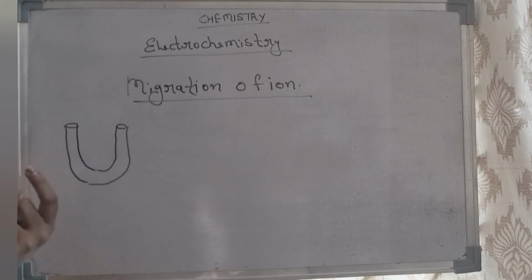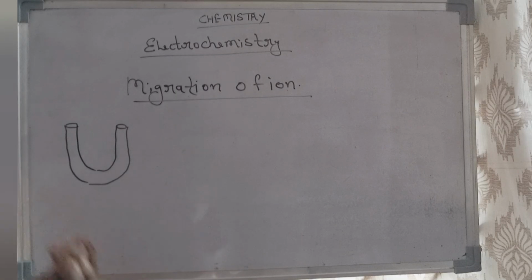For having the correct evaluation of migration of ions, you need to take one indicator, for example phenolphthalein, to indicate the base properties. For example, if you have any base and you pour phenolphthalein, you will get a pink solution. Why?